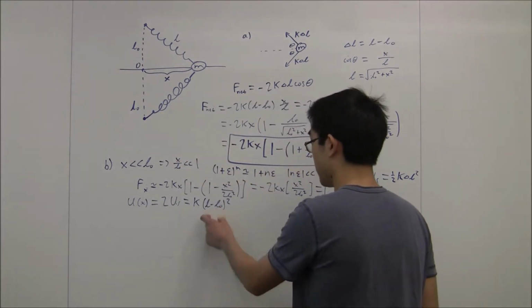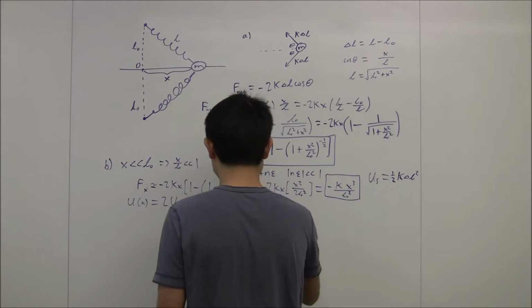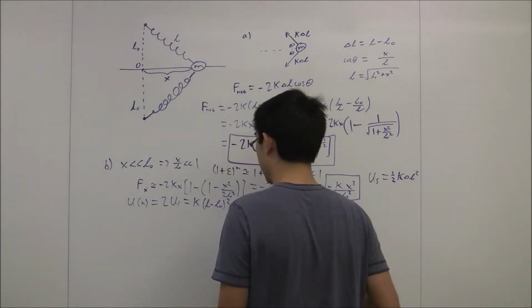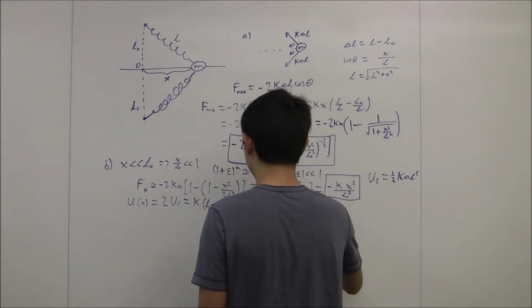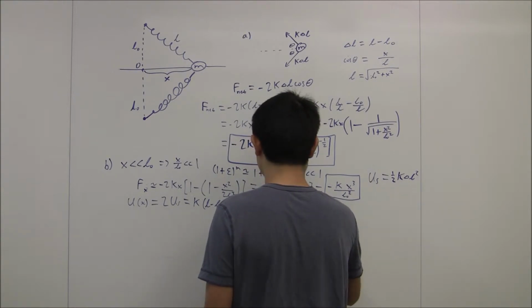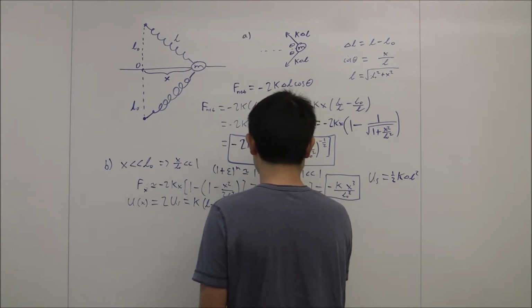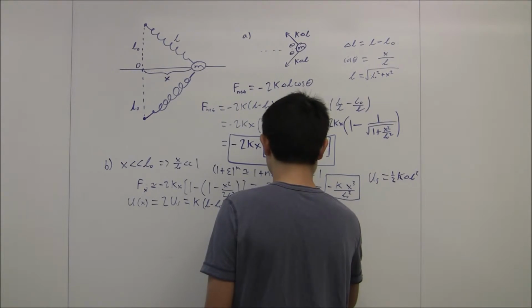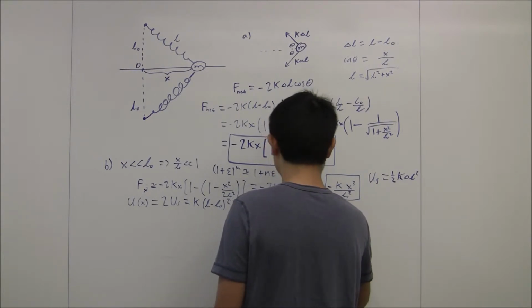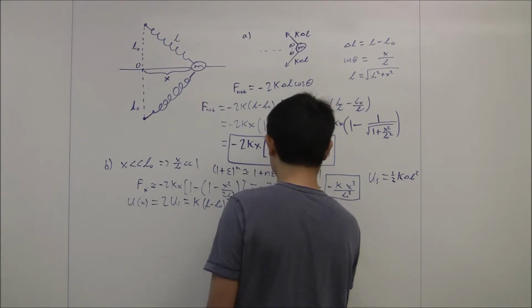So let's expand these terms, which will give us k times, in brackets, L squared minus 2 L naught L plus L naught squared.